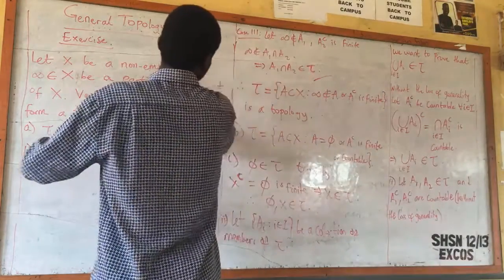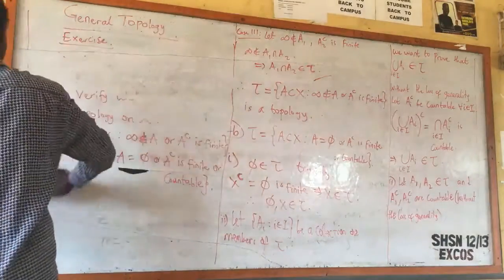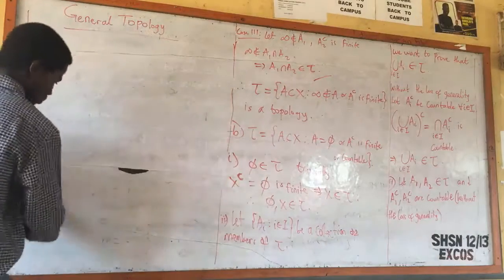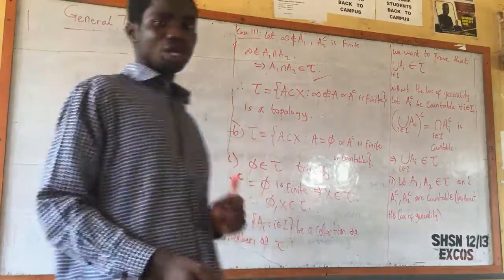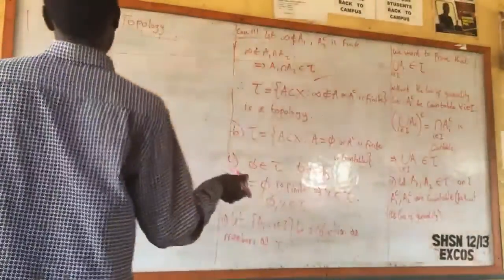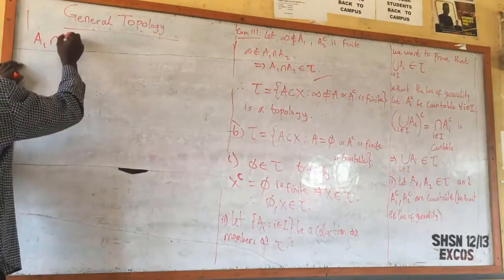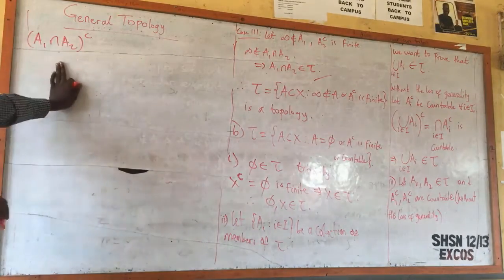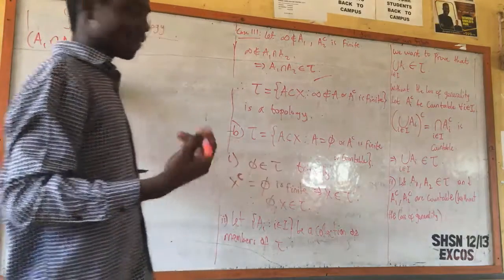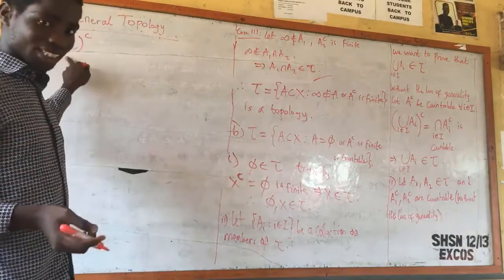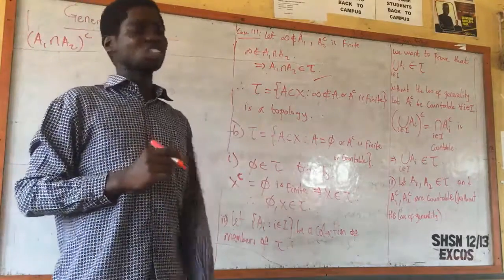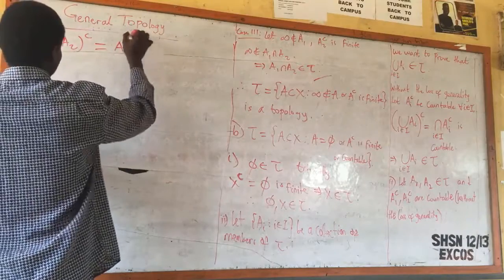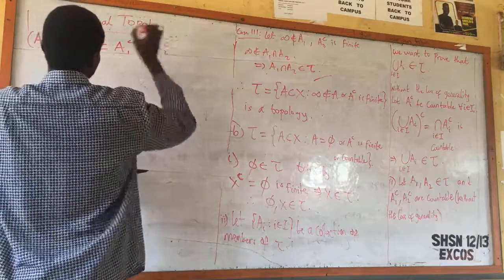So what will happen now? I want to do the complement of A1 intersection A2. If I can show that this is countable or finite, it means that A1 intersection A2 is a member of the topology. So the complement of A1 intersection A2 will give me A1 complement union A2 complement.